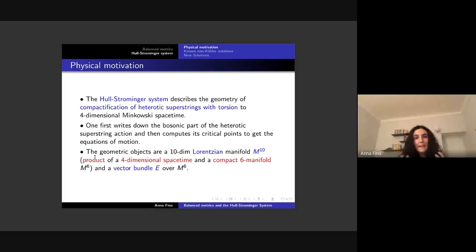So the geometric object that we are considering is a 10-dimensional Lorentzian manifold, which is a product of four-dimensional space-time and the compact 6-manifold M6. And then we have a gauge bundle E over our compact manifold with a gauge connection. So the idea is, in some sense, to link from the 10-dimensional Lorentzian manifold to the 6-dimensional compact manifold.